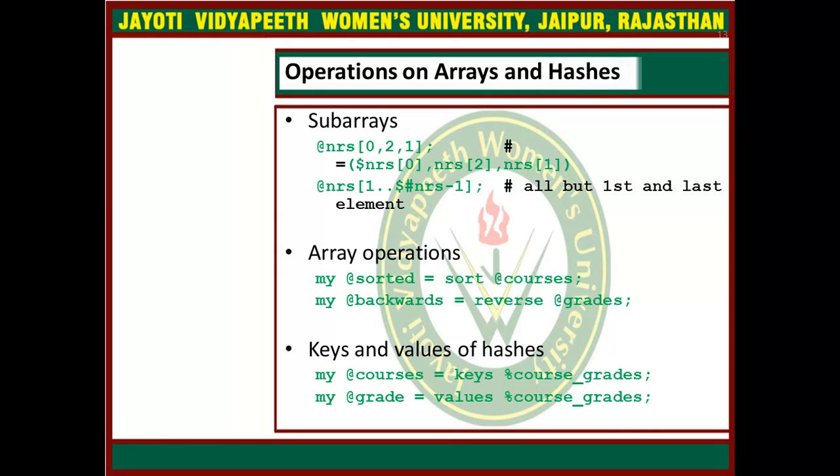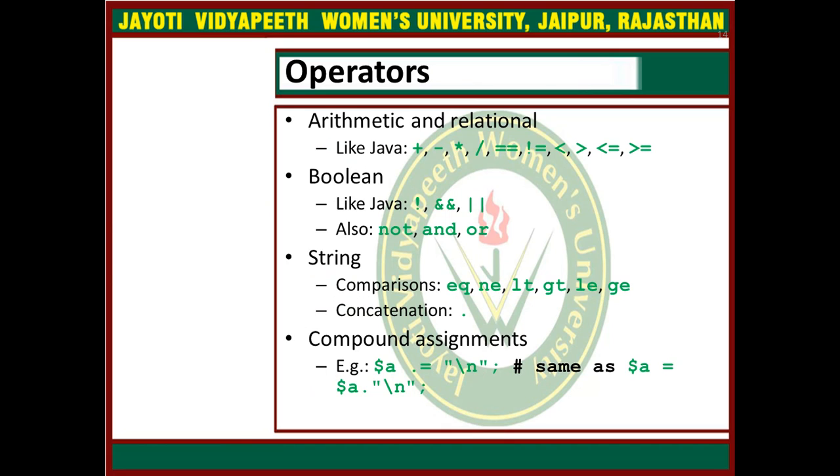my, sorted, we sort courses, these are the syntax, and the next is keys and values of hashes shown in this slide. Operators, arithmetic and relational like Java: plus, minus, multiplication, division, equal to, not equal to, less than or equal to, and greater than or equal to, like other languages.